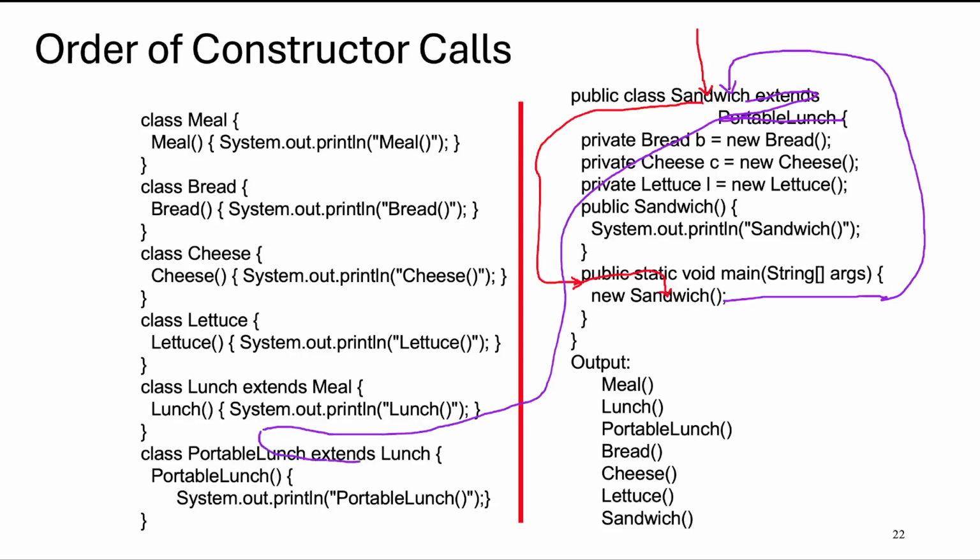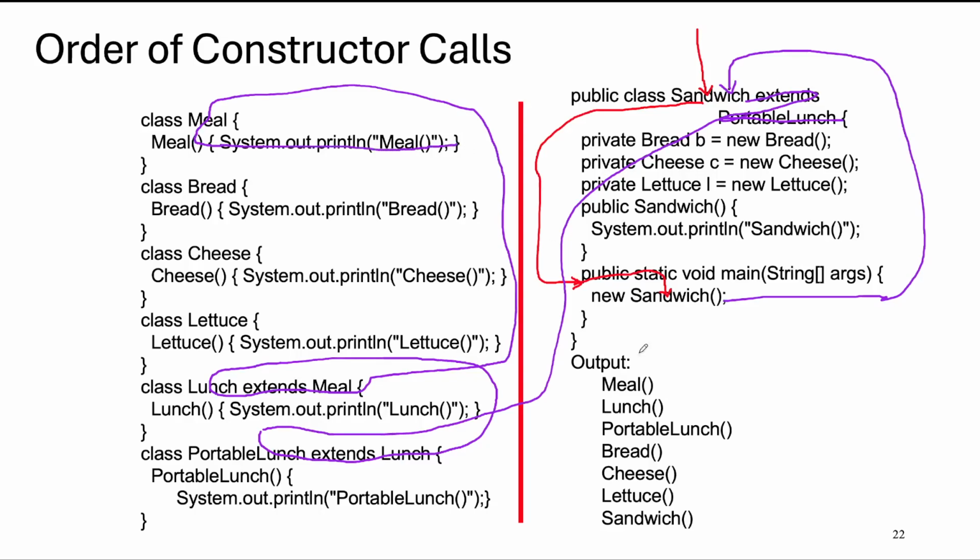It will not go inside. Instead, it will enter into the parent class lunch. From there, it enters into the meal. Since there is no extends, it enters through the constructor, executes the statement meal, prints it here, and then it comes out.